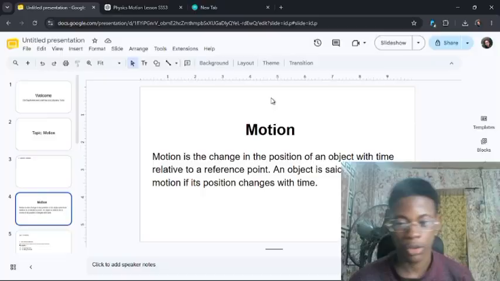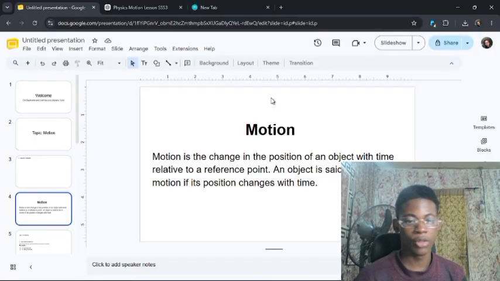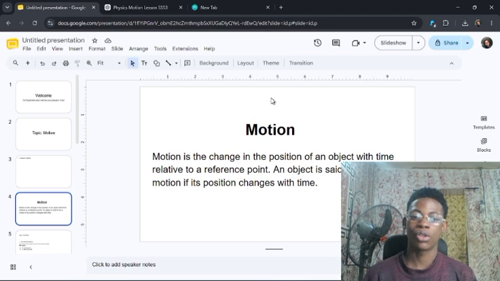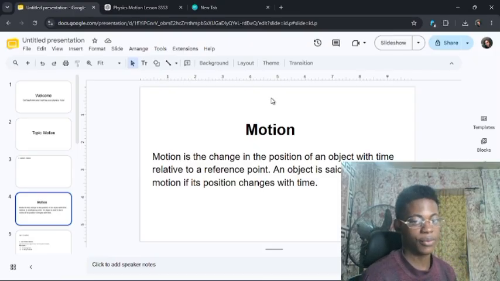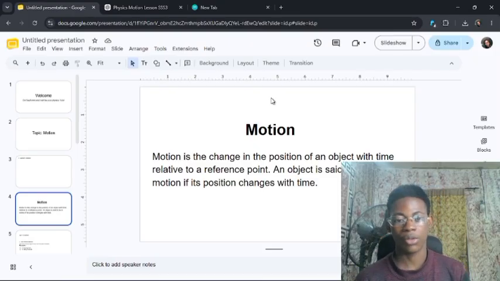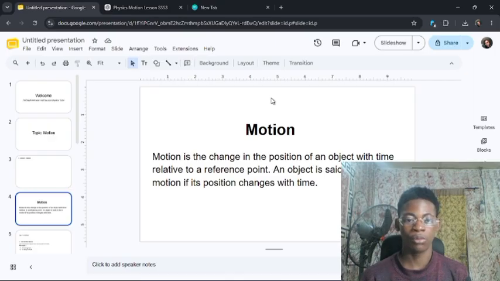Now, what is motion? Motion is the change in position of an object with time relative to a reference point. An object is said to be in motion if its position changes with time. Let me take this as an instance: I am moving from one place to another, it is called motion.